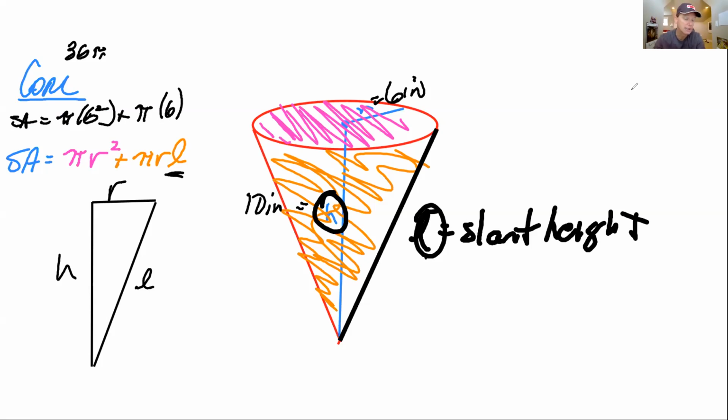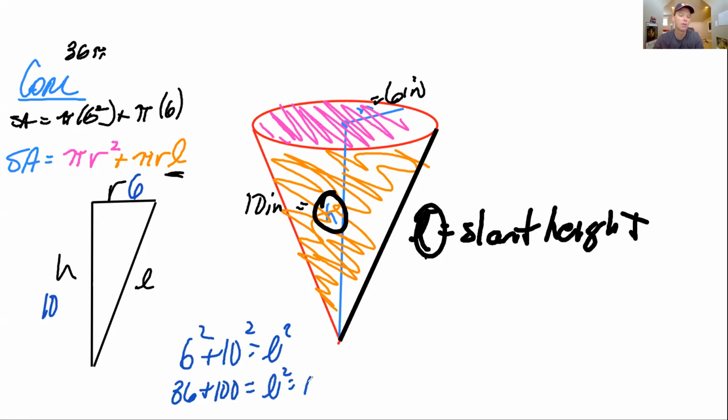You can do this. 10 there, 6 there, 6 squared plus 10 squared equals L squared. 36 plus 100 equals L squared, which is 136. And L is approximately 11.66 inches.